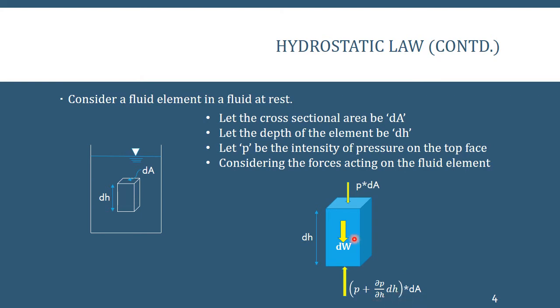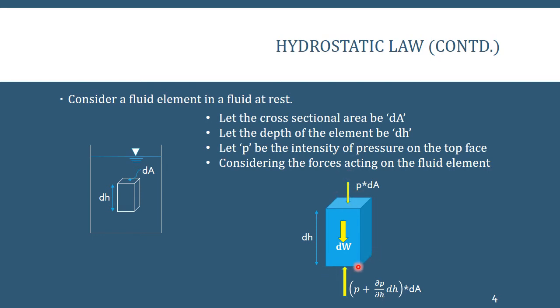Another common doubt that usually arises here is why is the direction of pressure in the upward direction at the bottom face and in the downward direction on the top face? This is because pressure always acts normal to the surface on which it is acting. The area vector on the top face is pointing outwards, so the pressure will be pointing inwards.